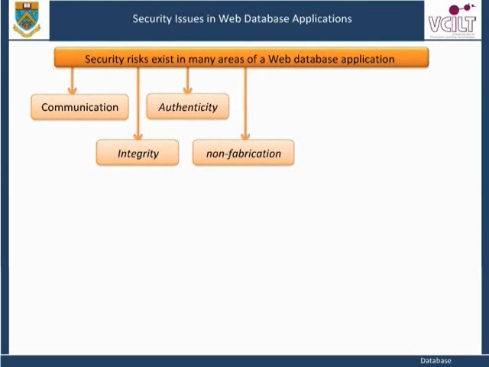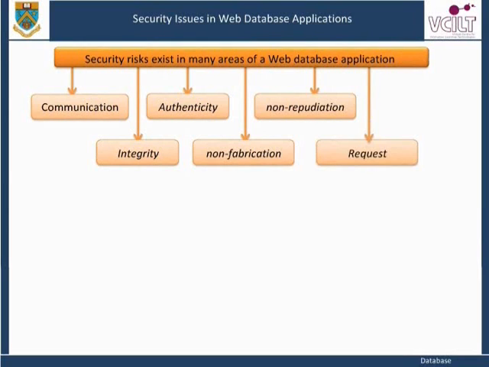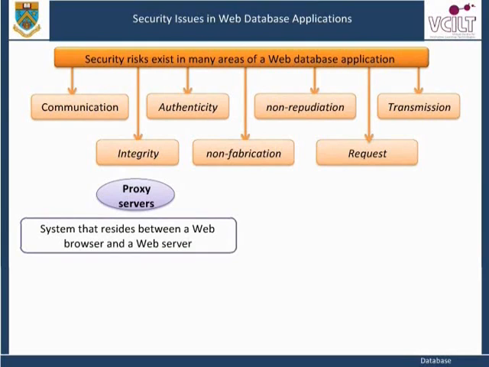The sender cannot deny he or she sent it. Non-repudiation. The request from the client should not ask the server to perform illegal or unauthorized actions. The data transmitted to the client machine from the server must not be allowed to contain executables that will perform malicious actions.